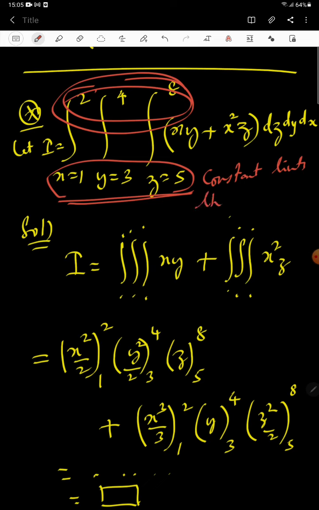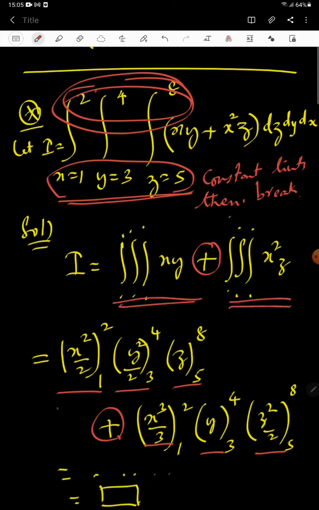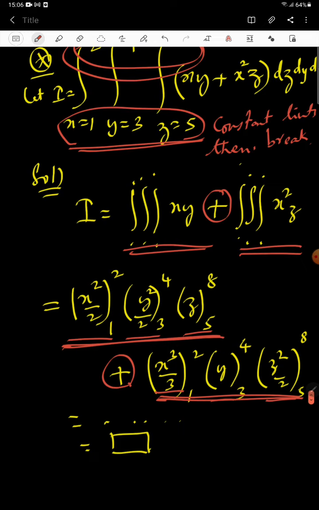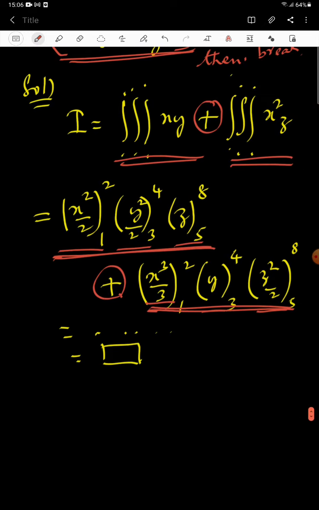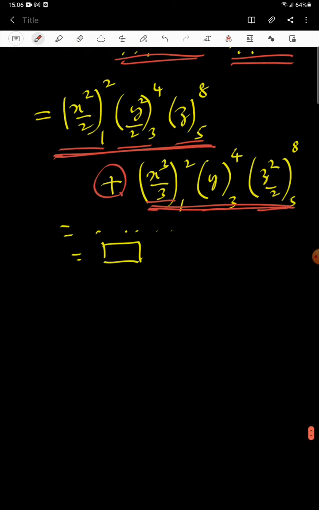Then break it, in the sense that you can write it as a product of 3 single integrals. Here there is one term, that is why that is coming. There are 2 terms, so because of these 2 terms you have broken it into 2 parts. If there are more number of terms, you can break it into more number of parts. So this is the easy way of calculating the triple integral or double integral in the case when the limits are constants.